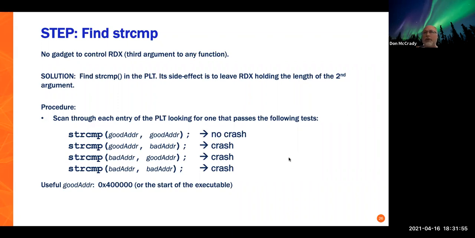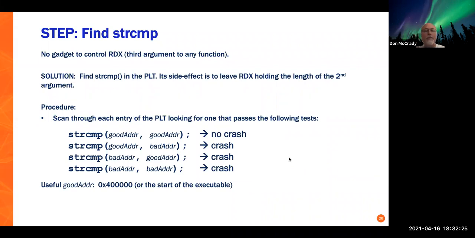There's just no reason to ever save this and restore it on the stack because it's a scratch register. But some person way cleverer than me found that the strcmp function uses RDX as a scratch register and just leaves a value in RDX that is known to be non-zero. I believe it's actually the length of the second argument. And the point is, all we care about is that it's a non-zero value.